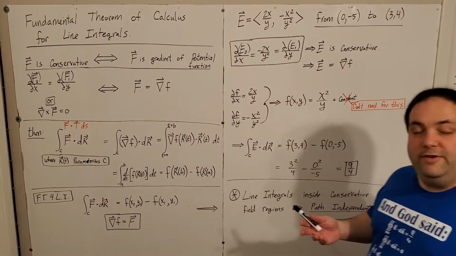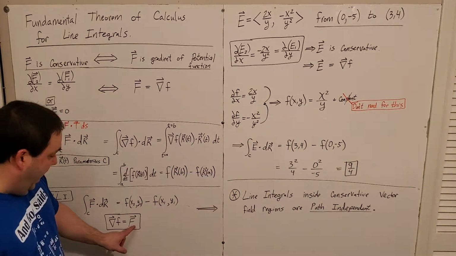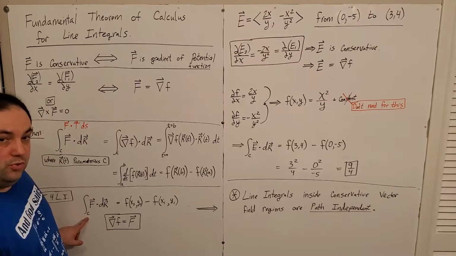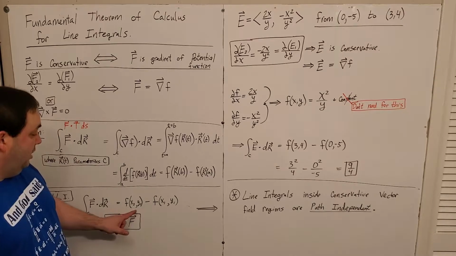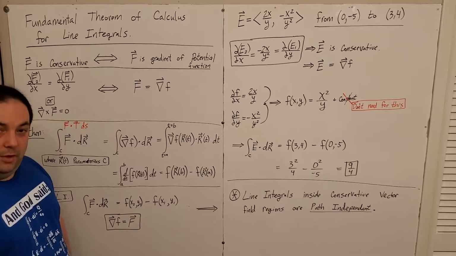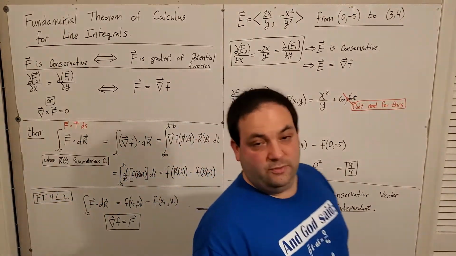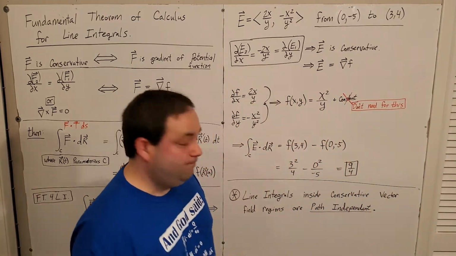Obviously, it doesn't matter what path I choose. If F is conservative, I didn't even have to choose a path or parameterization of r. I just needed to know where it ends, where it begins, and the potential function. So line integrals in conservative vector fields are path independent.